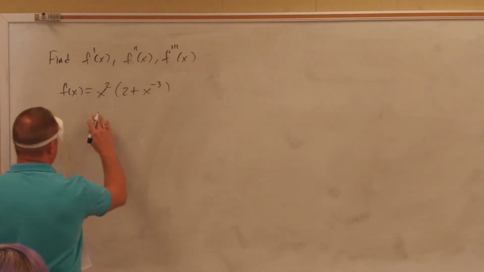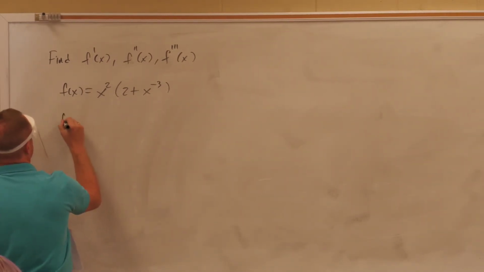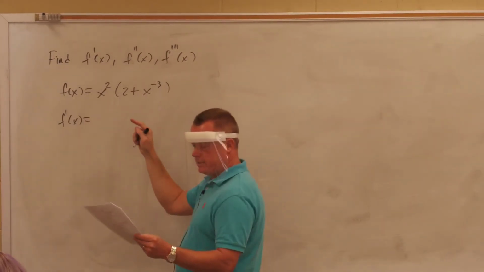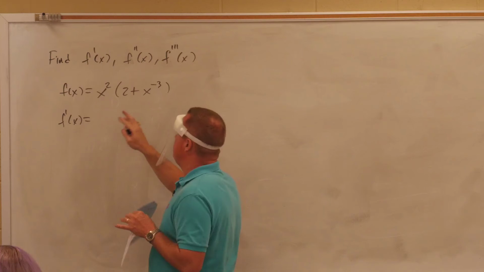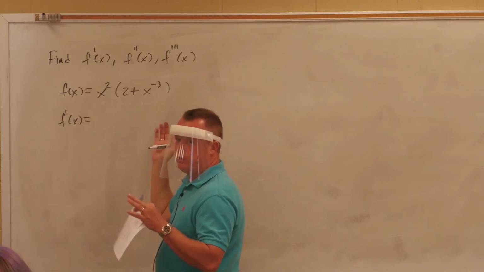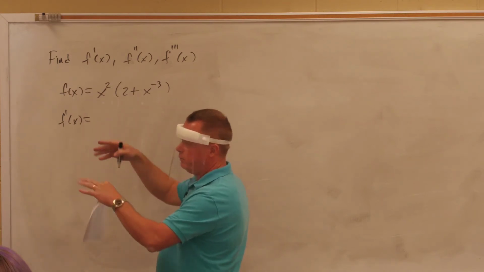If I use the product rule for the first derivative, in whatever order you want to go, I'm used to doing the first times the derivative of the second and then reversing it. It really doesn't matter. Let me do what we had on the paper.